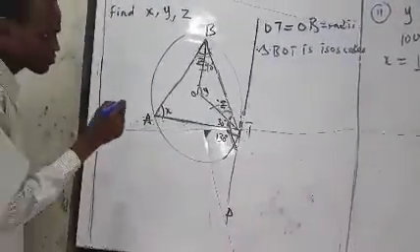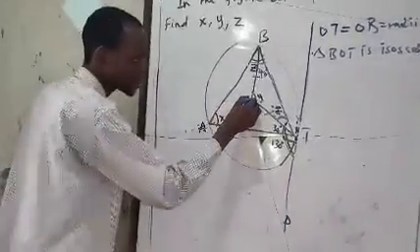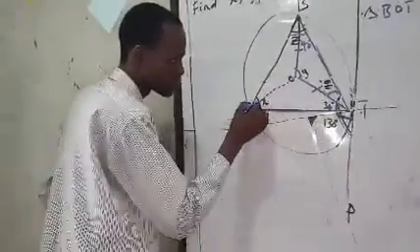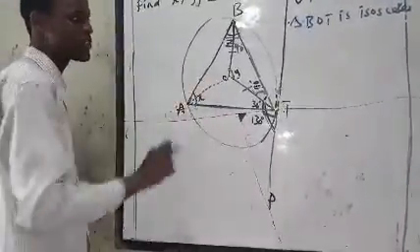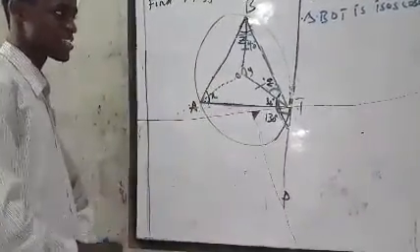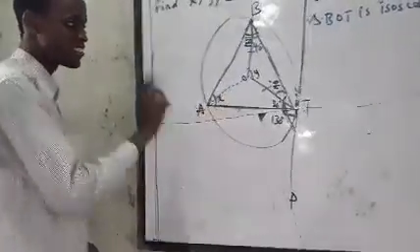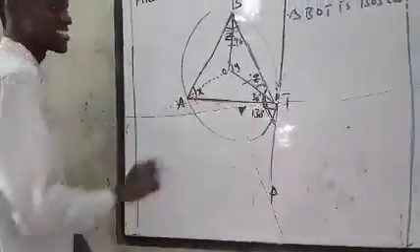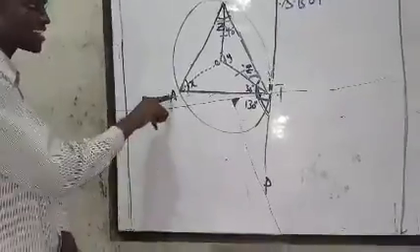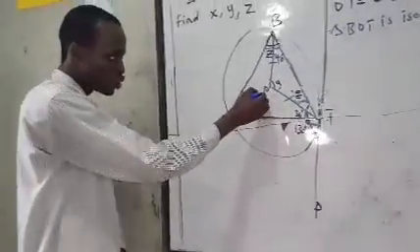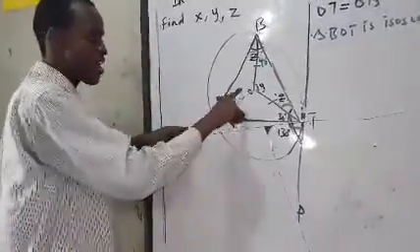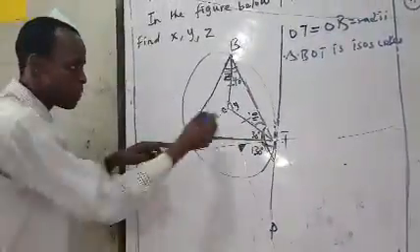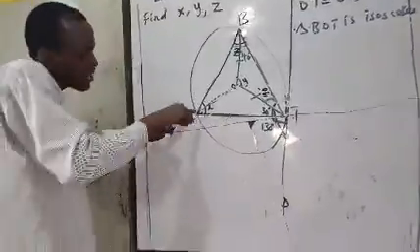By construction, let's join this. OA is also a radius, and OT is also a radius. By doing this, we have formed another triangle, AOT.